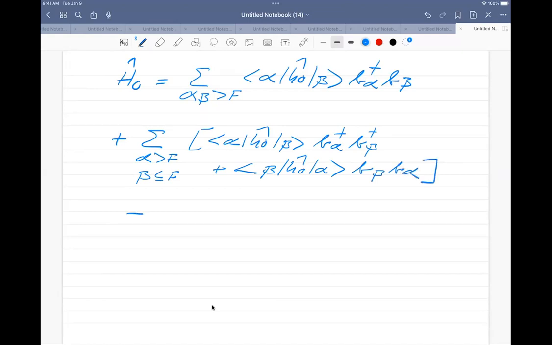And finally, there were 2 additional terms. One, which now included a sum over states below the Fermi level. And that had an integral, which starts with a beta here and ends in an alpha. And then it had a B alpha or B beta. And finally, there was a constant, like the number of particles present in the system.